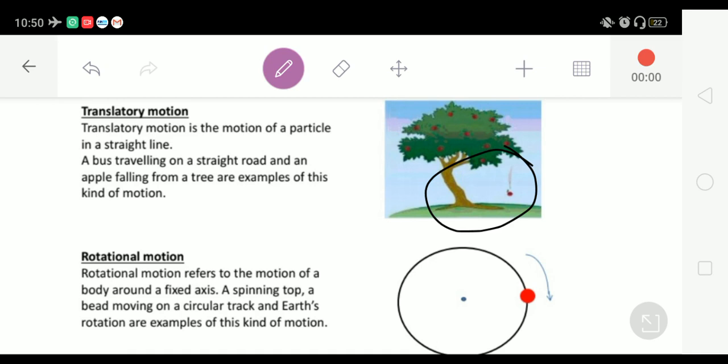So this is an example of translatory motion. Similarly, the movement of trains on a railway track, the movement of cars on a road, the movement of ants on a straight path, all this is stated as translatory motion. In this motion, the object travels in a straight line.